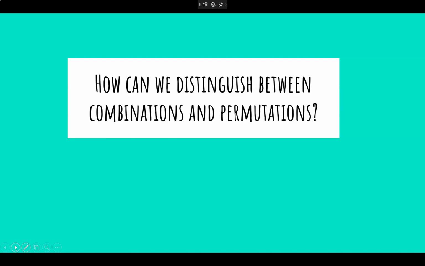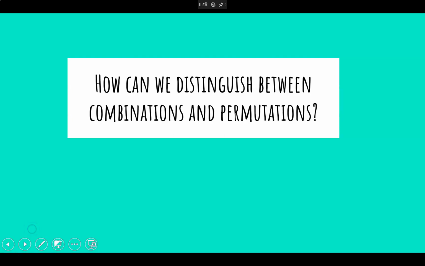All right, Randy and Angelica, how can you distinguish between a combination and a permutation? Permutations, order matters, and it's more specific. And combinations, order doesn't matter. Beautiful. Permutations, order matters, and they are more detailed because of the order, so they tell you why there's an order that has to be picked. And combinations, your order does not matter.